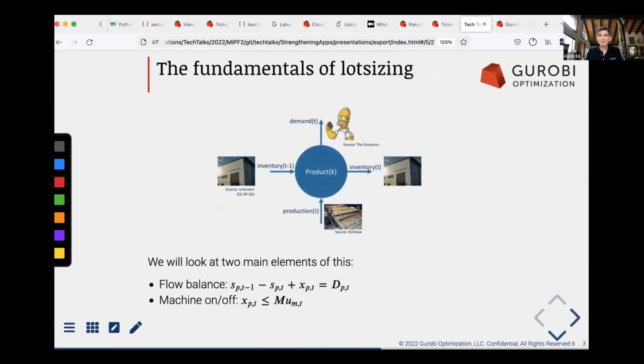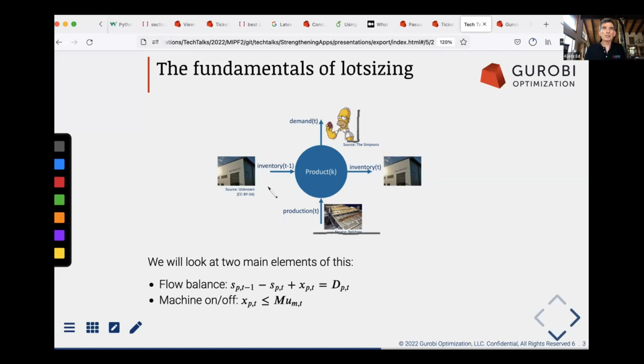But let's dive in and think about the basic operation of a lot sizing model. You have a collection of time periods, and in a given time period you have some demand for your product. Then you have the ability to produce that product through some sort of machine that you can turn on, and turning it on involves some sort of cost, typically operation costs.